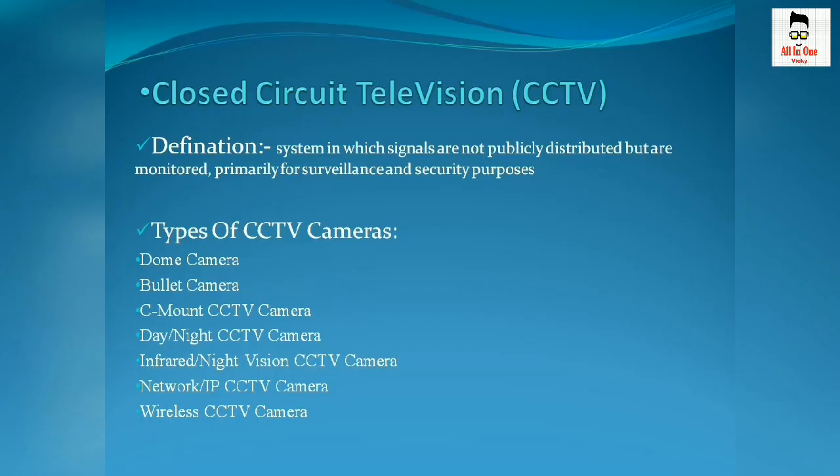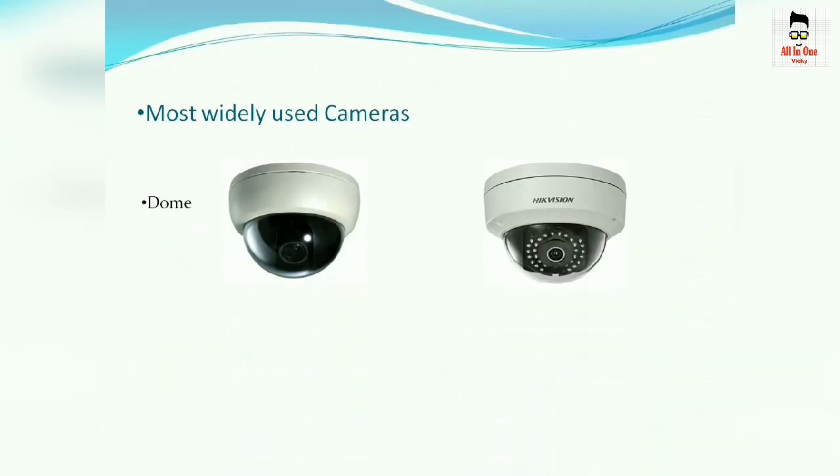So let us move towards the next point. The next point is the most widely used CCTV cameras. These are the dome cameras. As I explained in the types of cameras, it is one kind of basic camera used in ATMs, banks, and public places for indoor purposes. Wherever we need to install in a building or in some room, we use these dome cameras.